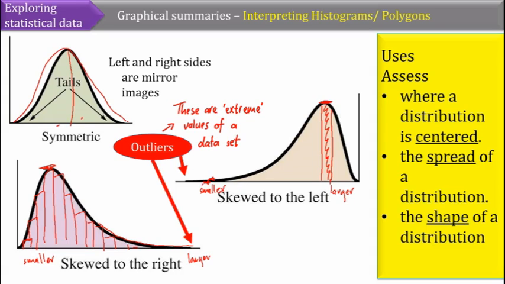Tail on the left, we say that it's negatively skewed. And if we have extreme values, like values that are sitting down here that are really, really small, or values that are sitting up here that are really, really big compared to the others, then we say that these extreme values are called outliers. Right, and we'll be looking in a little bit more detail at outliers in a later section.